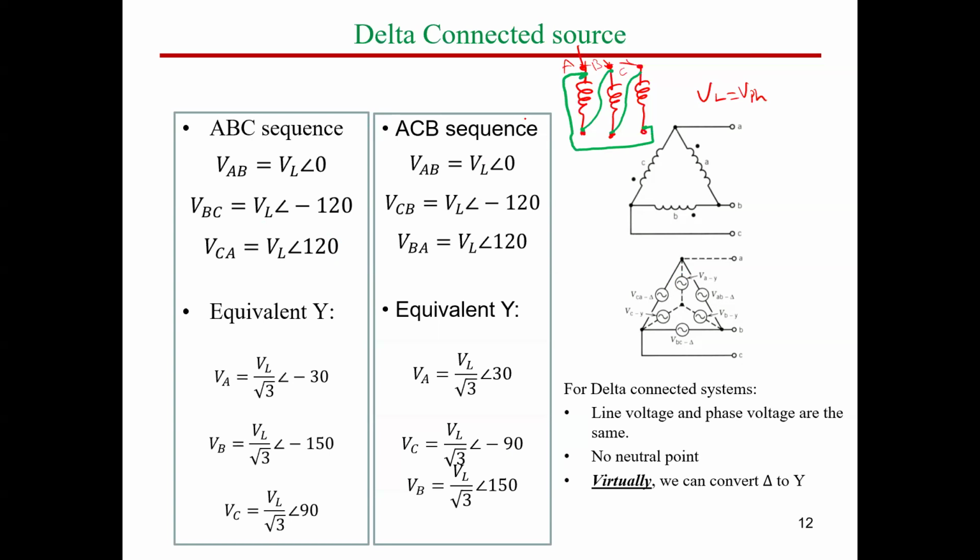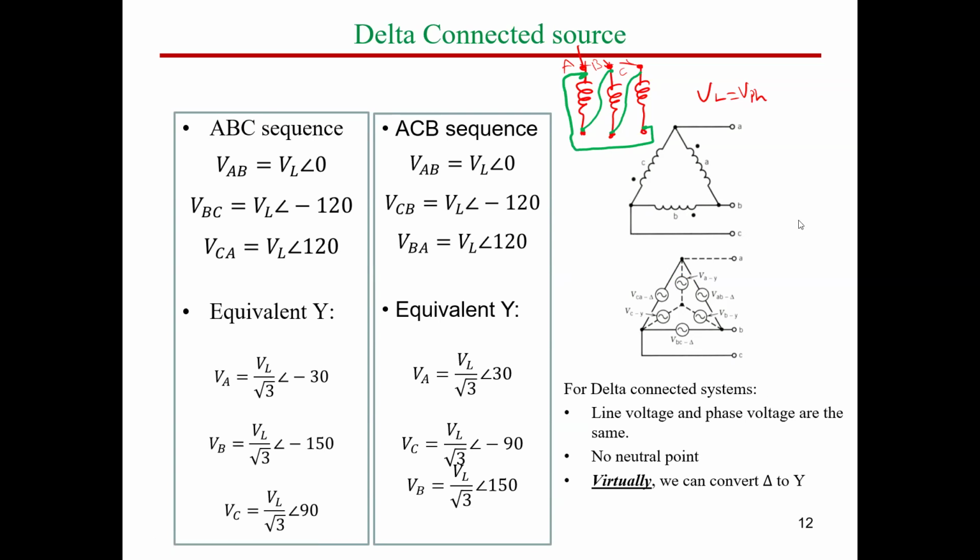For ACB sequence, if we consider AB at angle 0, then CB would be at angle minus 120 and BA would be at angle plus 120. So this is the difference between ABC and ACB sequences.